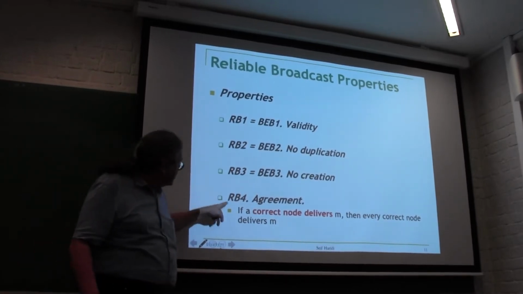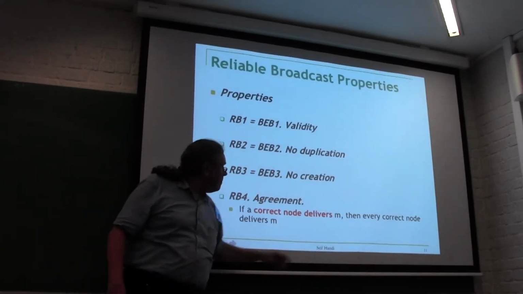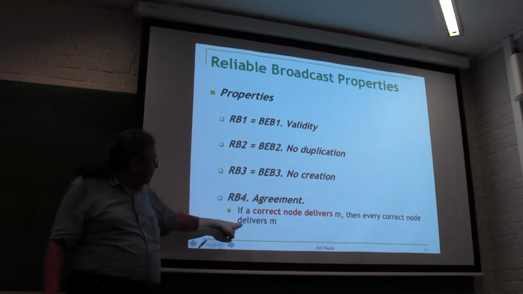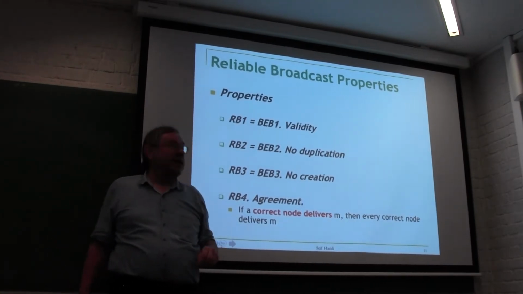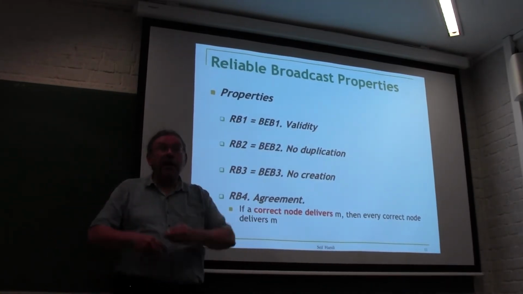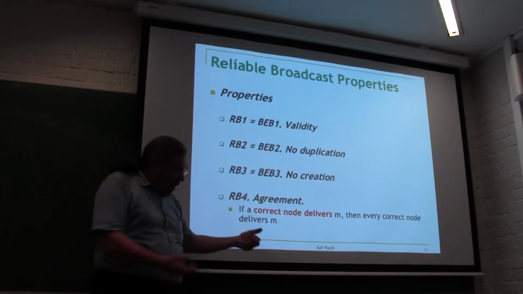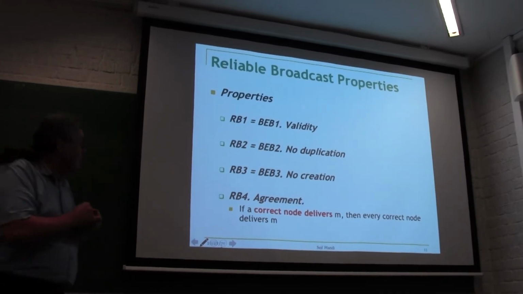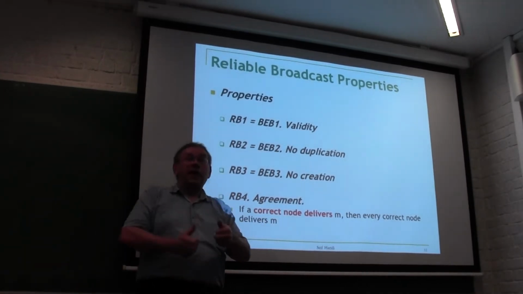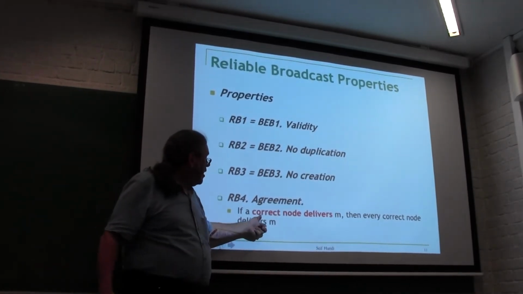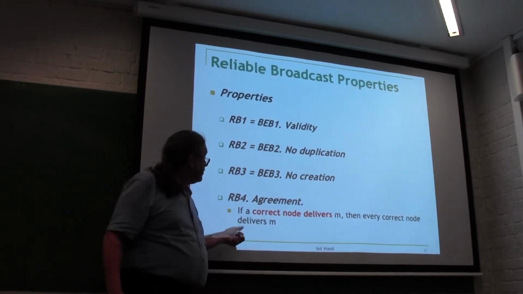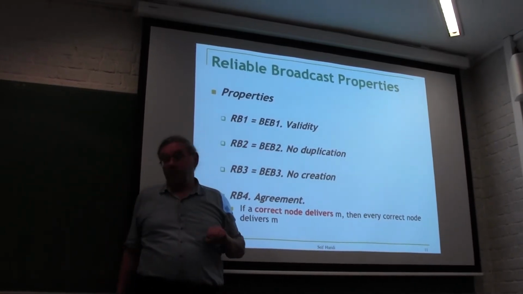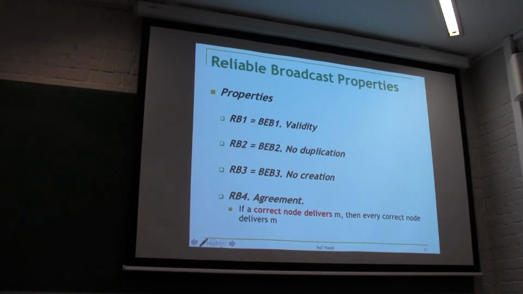The fourth one is: if a correct node delivers M, then every correct node delivers M. If any correct node gets the broadcasted message M and delivers it upwards, then we know that every correct node does. So that's the specification, and we have to implement that.